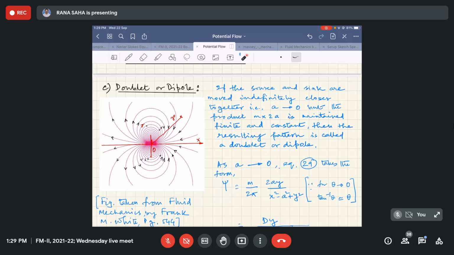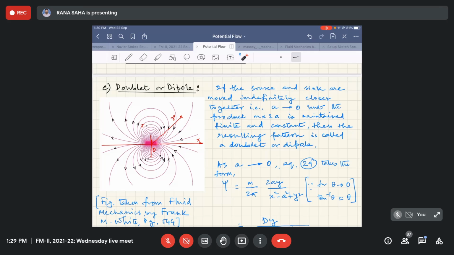So as you are bringing in these two flow patterns, source and sink, virtually they are going to merge with one another. Simultaneously, if you want to maintain this product as finite and constant, you need to increase the strength M. You are reducing A, so it is just a trade-off between A and M. If you are making A tend to 0, you need to make M tend to infinity.